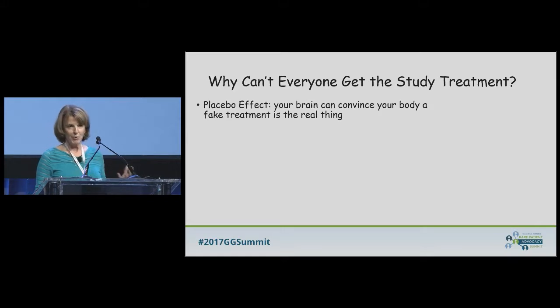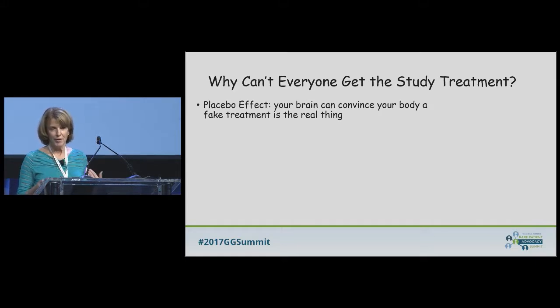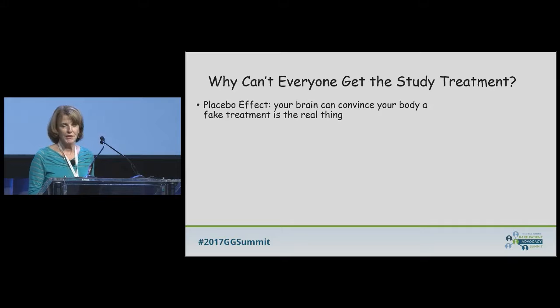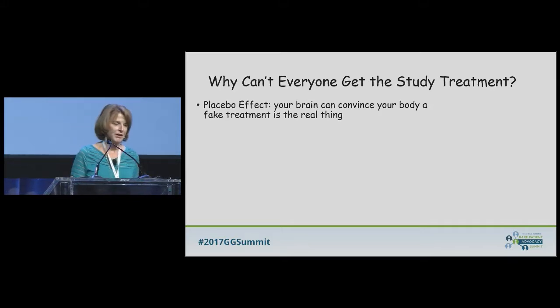If people believe that they're getting the study treatment, they tend to think that they're improving, or they might tend to think that every little side effect they have is related to the study drug. So it's important to have a control group so that you can compare what sorts of things are being reported in one versus the other.